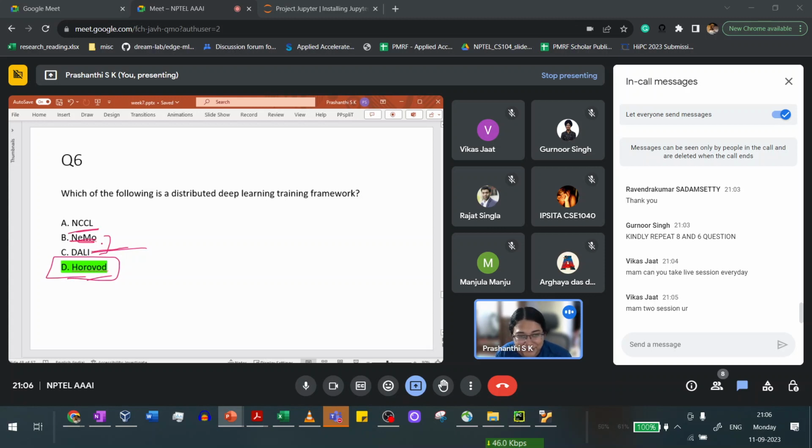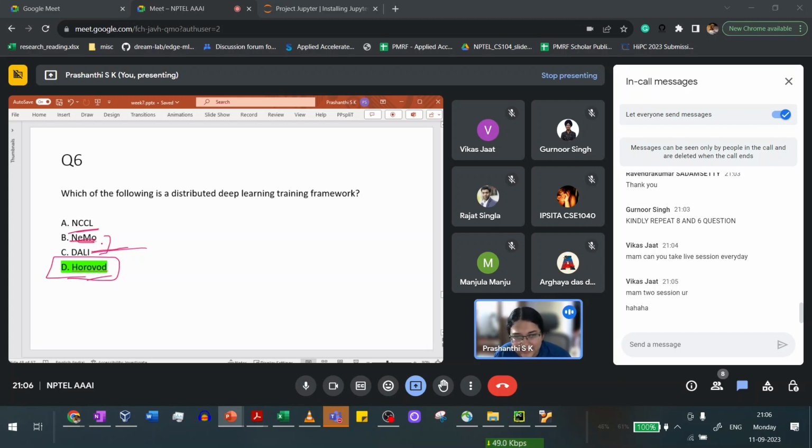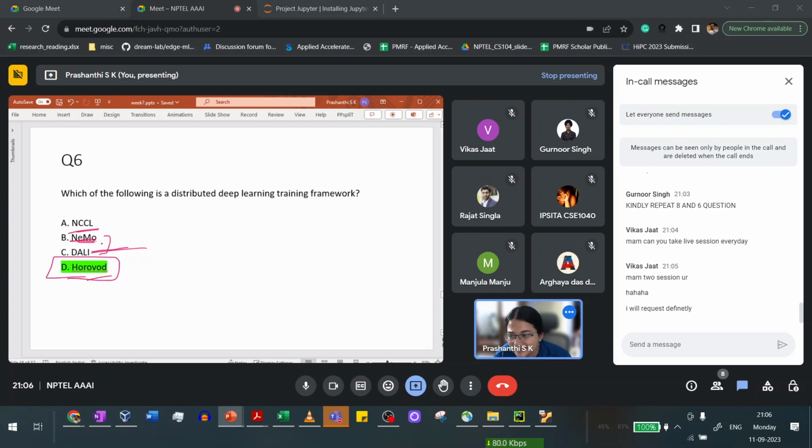So there are a lot of complicated logistics on my side as well as to how these hours are counted and things like that. So I can stretch by more than 5-10 minutes per session, but it's not possible for me to take live sessions every day or 2 live sessions per week unless the regulations change from NPTEL's side. So if you feel that's something that would help you, please give that as feedback.